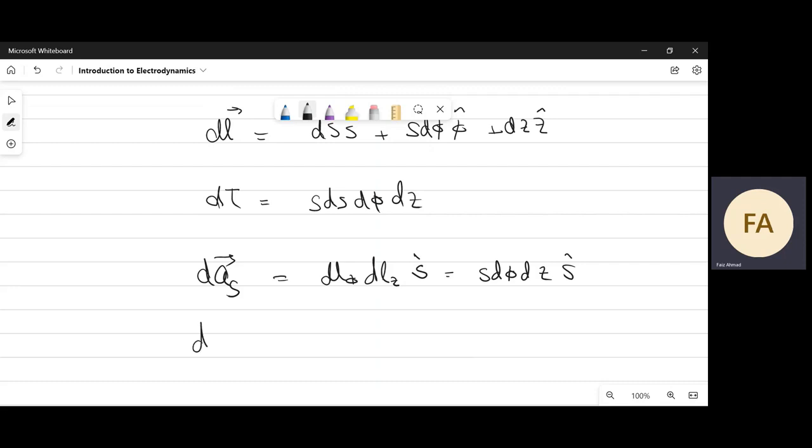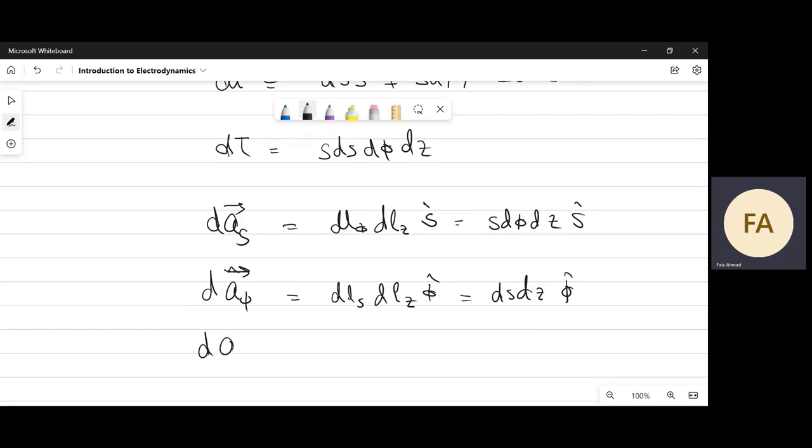Likewise, the area perpendicular to phi direction will be dls dlz phi unit vector, which is ds dz phi unit vector.